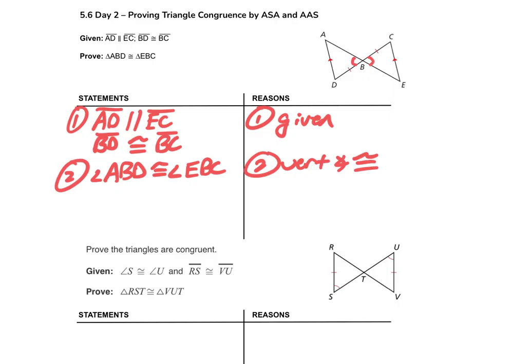What we have not used yet, and the given information here is for a reason, we're going to use it in some shape or form, okay? So it's marked here that these two are parallel, and if I have parallel lines, what type of angles do I typically try to prove congruent? Alternate interior, okay? And I could use any of those pairs that we talked about way back when, when we talked about parallel lines.